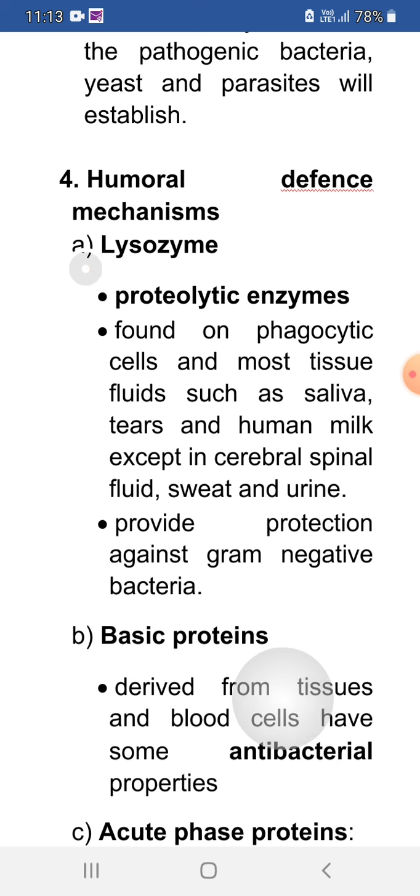One of the enzymes that we have encountered several times is lysozyme. It is a proteolytic enzyme and is produced by phagocytic cells and most tissues. So it is found in saliva, tears, human milk, etc. It protects the body against gram-negative bacteria.